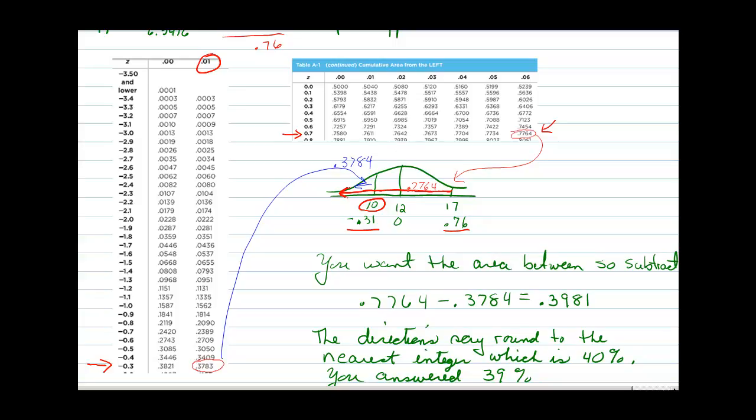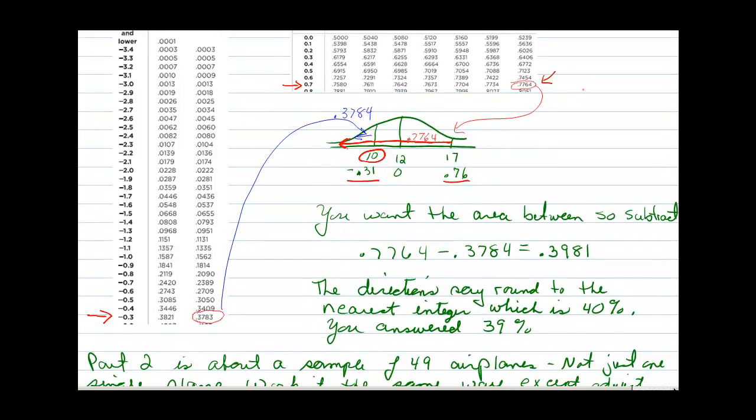Now the problem asks for ages between 10 and 17, so we can see from the sketch here that we need to subtract the area to the left of the 10 age from the area to the left of the 17 age. When we subtract those, we get 0.3981 area between 10 and 17, or between negative 0.31 and 0.76 on your curve.